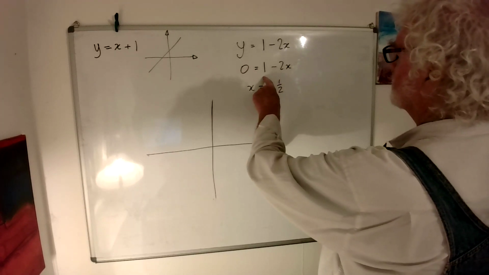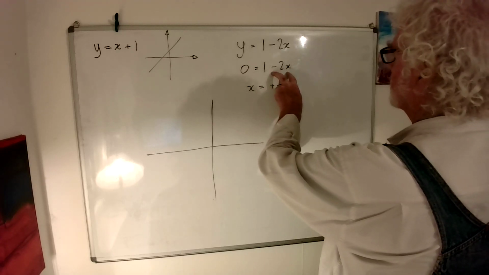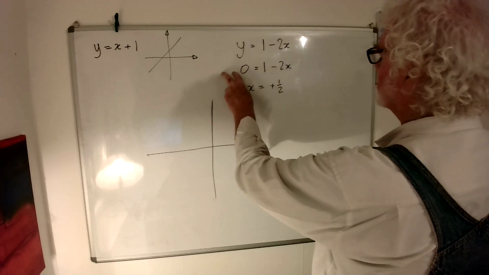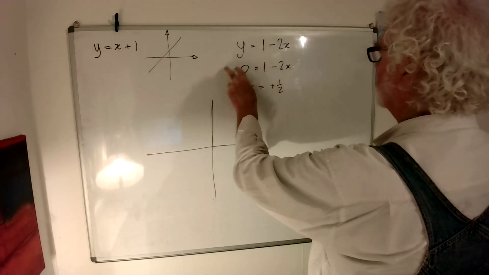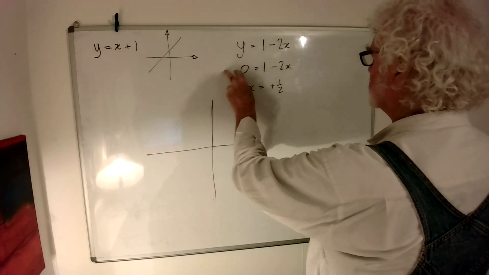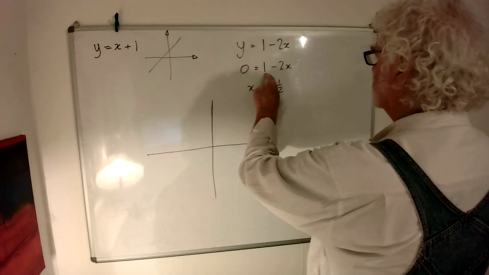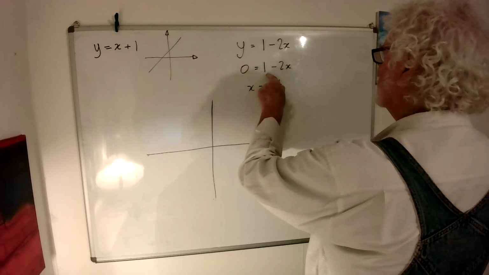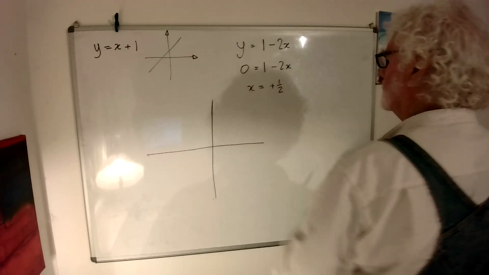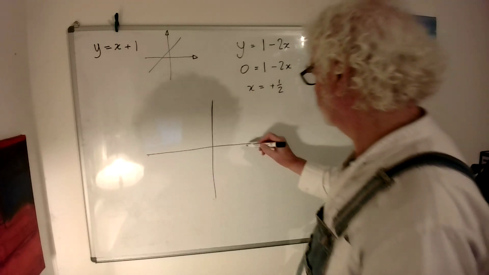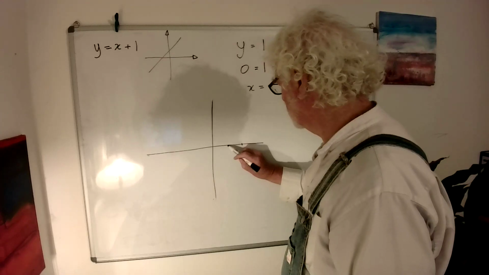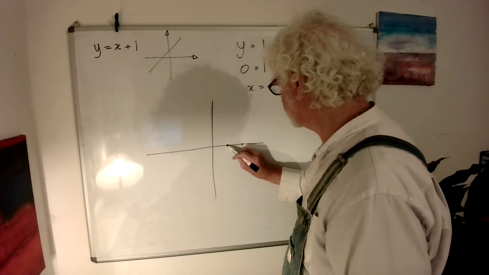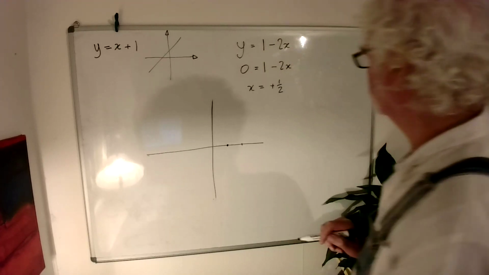Put the 2x over the other side, but it becomes a plus. So that's plus 2x equals 1, divide through by 2, x equals a half. So if that's a 1 here, we know that it crosses the x-axis at plus a half.